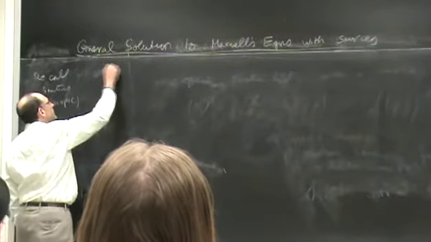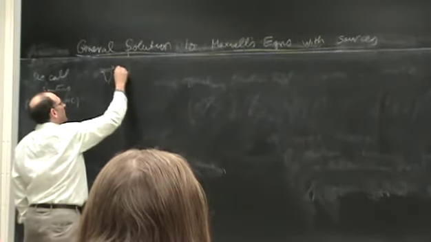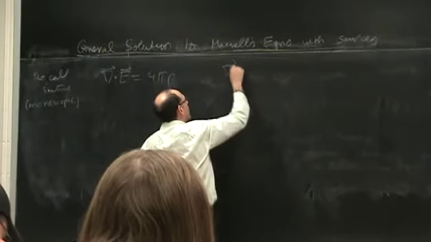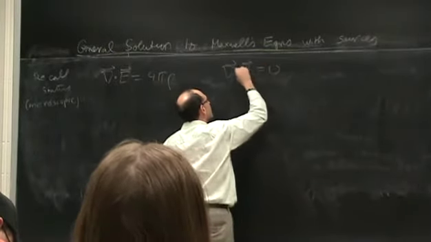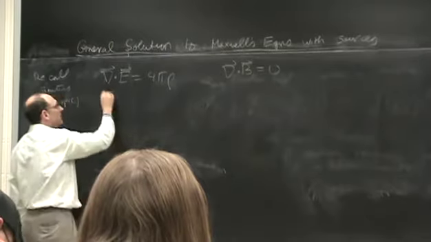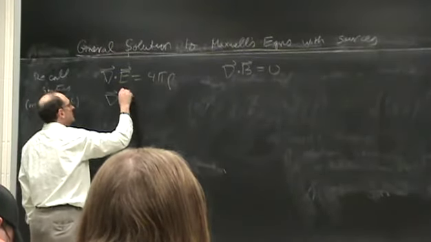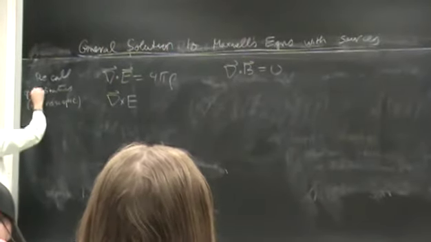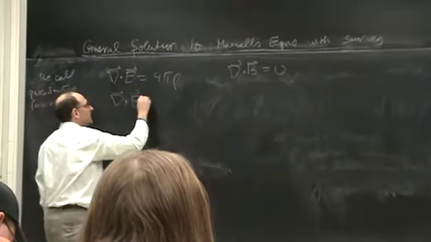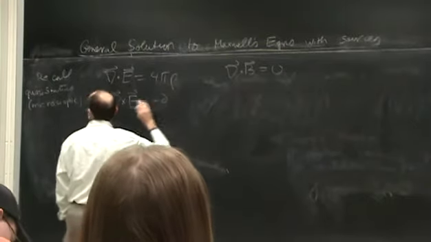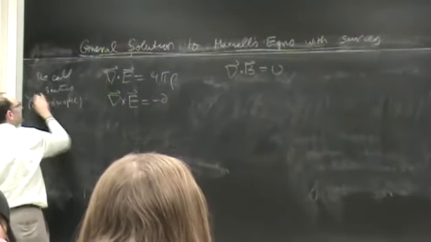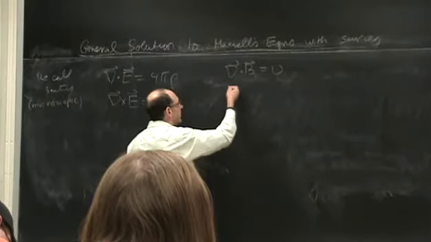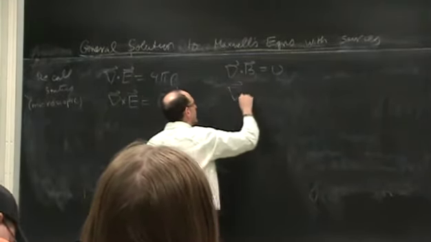So for statics, we had Gauss's law, the law that shall have no name, Faraday's law. No, I'm sorry. Let's go back. Let's talk about statics. So this is Faraday's law for statics, del cross E is 0, and Ampere's law.